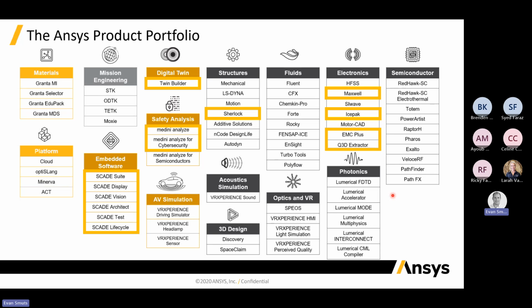What we're going to focus on today is power electronics, but we bring in solutions from different areas, from the electronic side, from the structural side, even the coding software side as well. So we'll look at some of these different solutions, what we have to offer, and where they fit into the workflow.